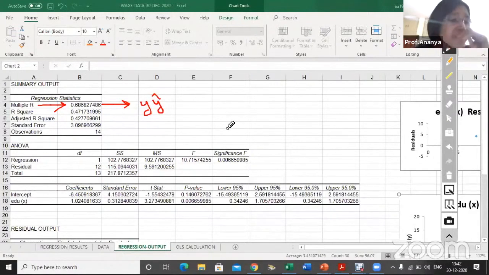So all of these are giving you different verdicts on your model in terms of how you have done: how much of the variation in the dependent variable have you been able to explain through your regression model? That's really what all of this is telling you, in particular your R squared.